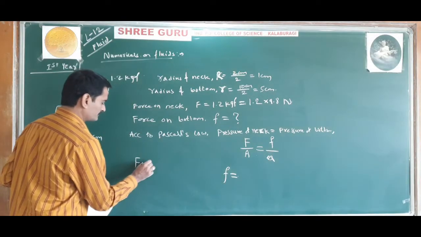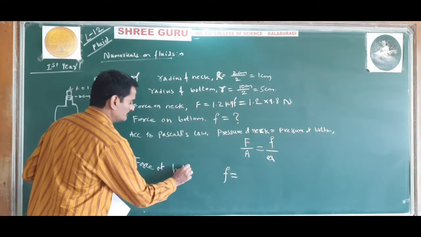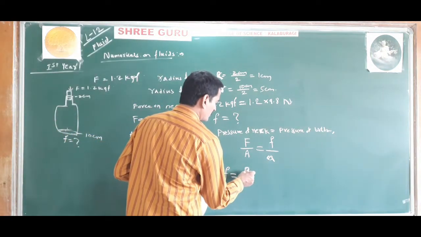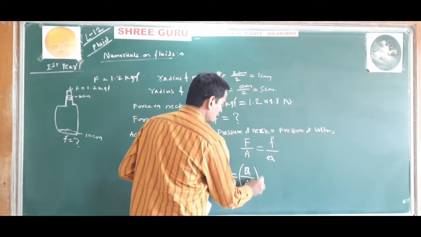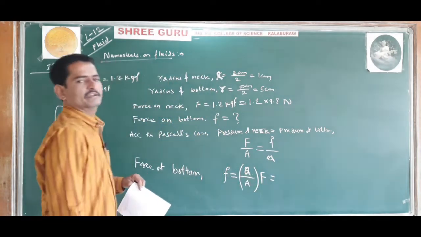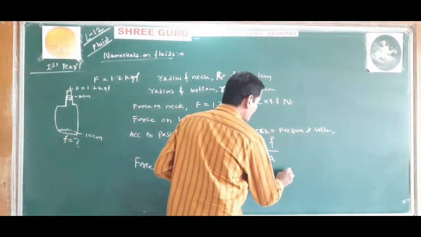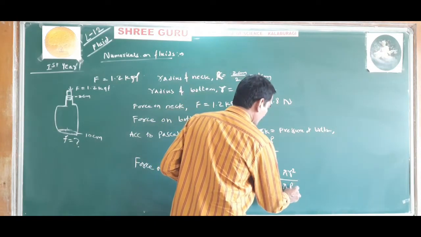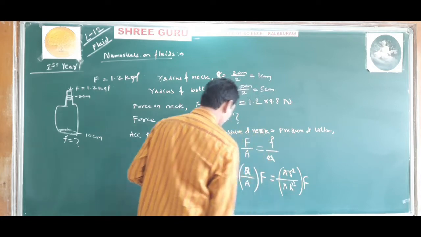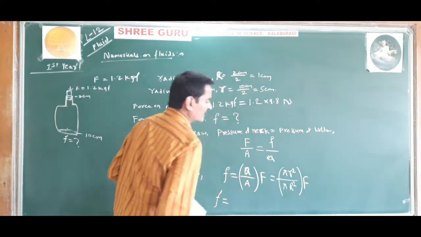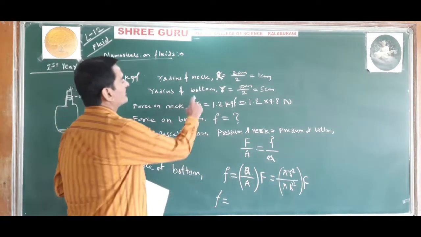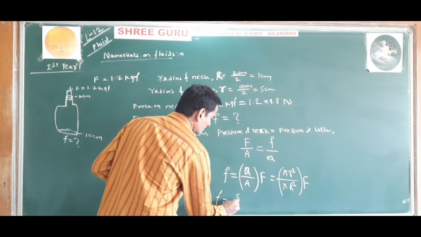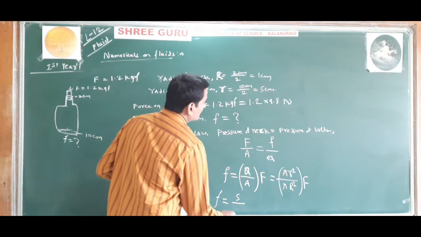So small f is equal to small a divided by capital A into F. Small a is the area of the bottom, pi r square, that is pi small r square, and area of the neck is pi capital R square, into capital F. So F is equal to pi cancel, r square, where small r is the radius of the bottom. The radius of the bottom is 5 centimeter, so 5 divided by the radius of the neck, which is 1.